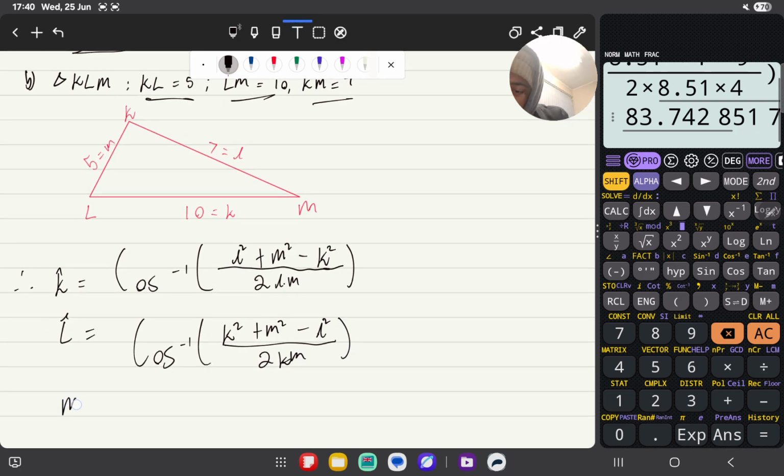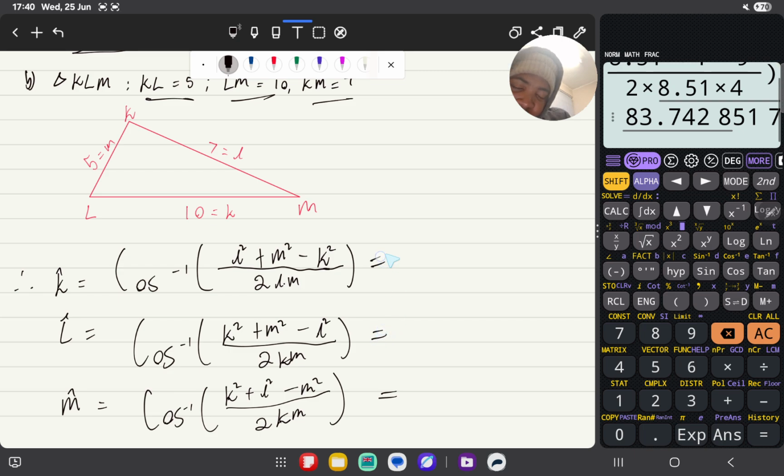Then the last one, which is M, you have K squared plus L squared minus M squared over 2KL, right?